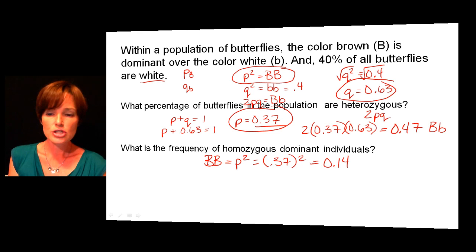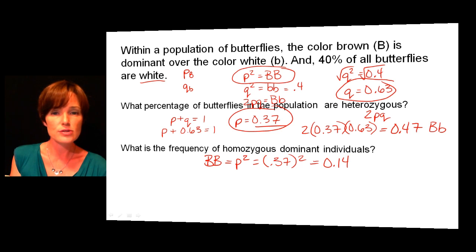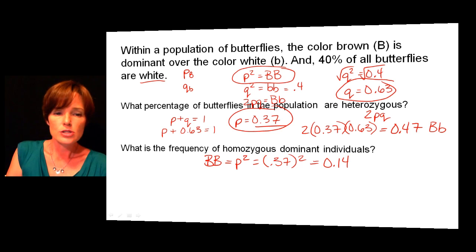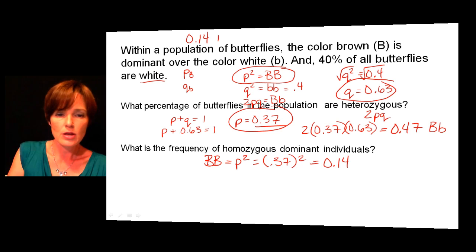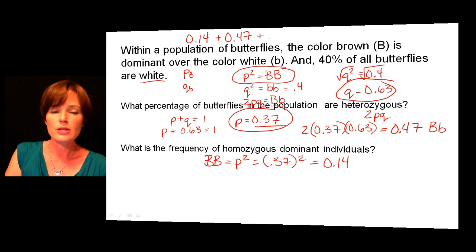Now at this point, just to double check everything, let's go ahead and add up the different genotype frequencies to see if they do sum up to 1. So we know that for capital B, capital B, we have 0.14. For our heterozygous ones, we have 0.47. And then for our little b, little b, we have 0.4.